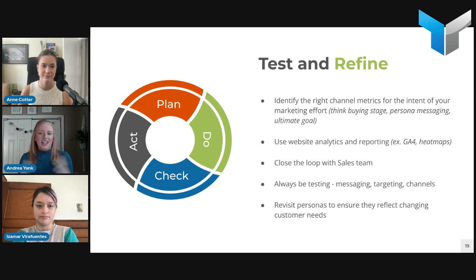And then, of course, test and refine. We're always testing. You should always be testing. But part of that is you need to identify the right channel metrics for the intent of your marketing effort. So like I said, if you're at the awareness stage and you're doing a marketing effort around that, your messaging should be awareness. Your page that you bring them into should also support the awareness stage.